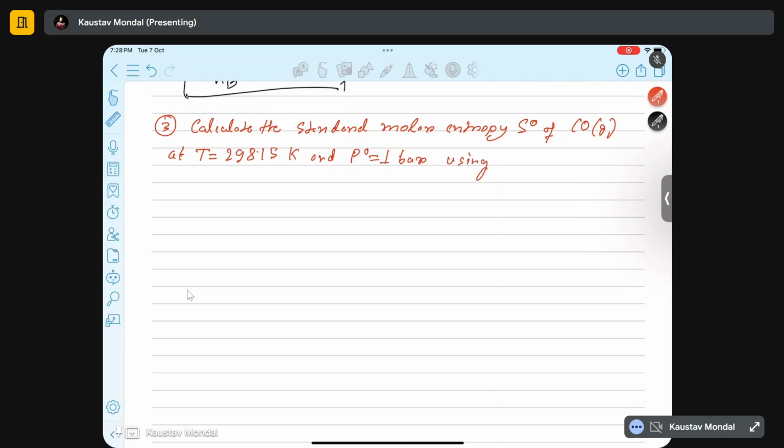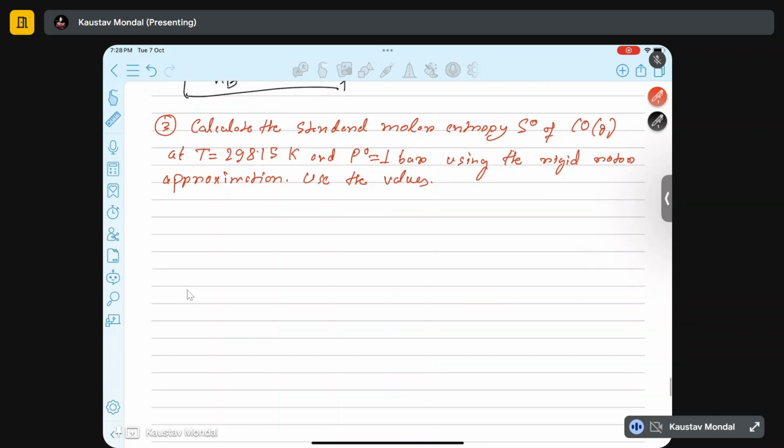Using the rigid rotor approximation, use the spectroscopic values basically.